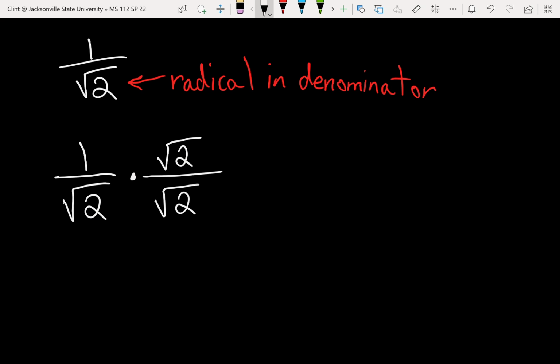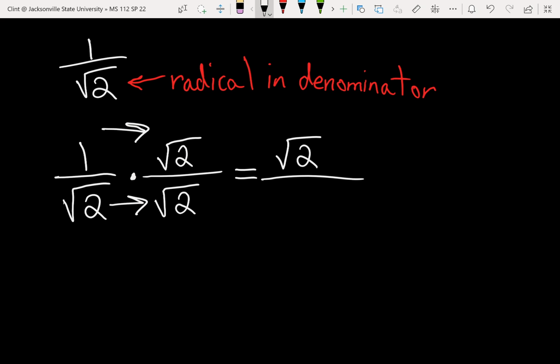And when we multiply fractions, okay, maybe it's been a while since you've had to do that, we just multiply straight across. Multiply the tops together and the bottoms together. On this one, on the top, we've got 1 times square root of 2, so that's just square root of 2. On the bottom, there's a couple ways you could think about what we get. Maybe you could think about it this way.